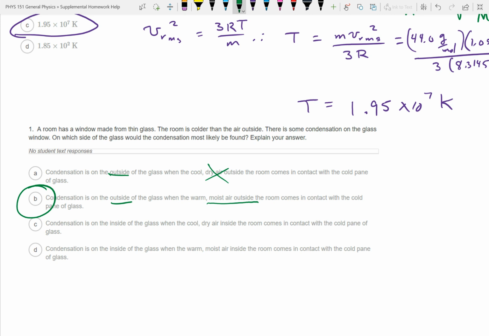There's lots of different ways, like the partial pressure, but the idea is when you have more water than the air can hold, you're going to have condensation. It's going to form droplets instead of just staying in the gas form. And the amount of water the air can hold is a strong function of temperature. So as temperature goes up, the air can hold far, far more water. So you cool it down and it can't hold nearly as much, and condensation occurs.